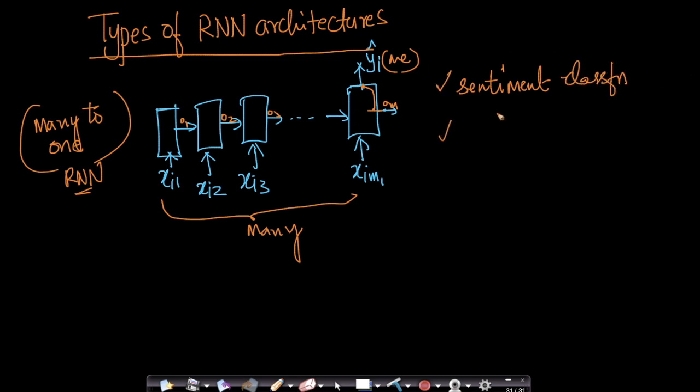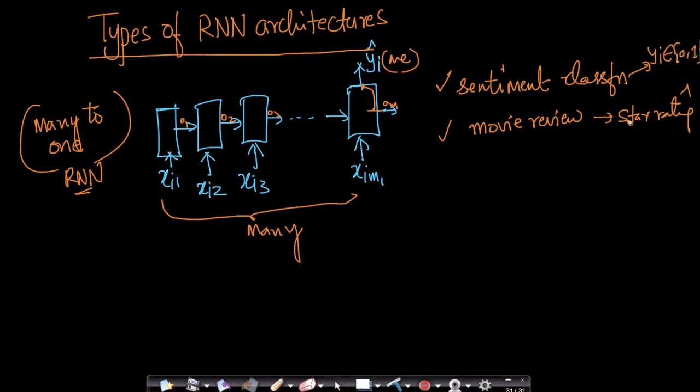That's one example. The second example is, imagine I'm given a movie review and I want to predict the star rating of this movie. In sentiment classification, my yi is a two-class classification, positive or negative.